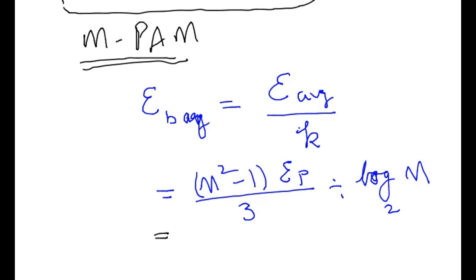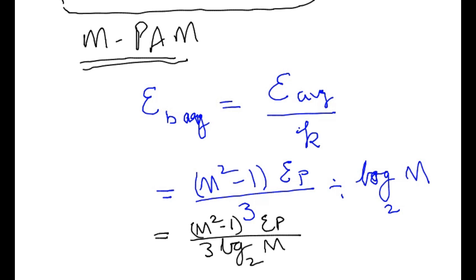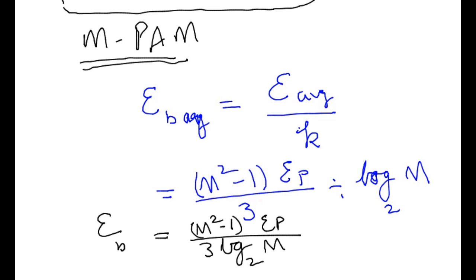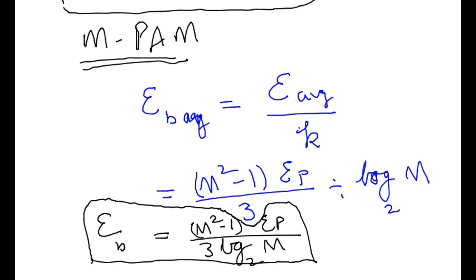You get the expression M square minus 1 times E_p over 3 log M to the base 2. So this is the average bit energy for M-ary PAM signal.